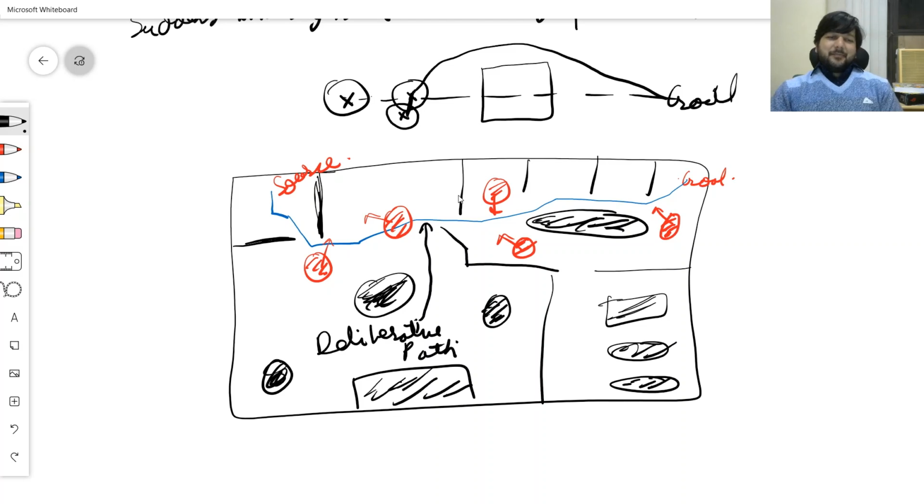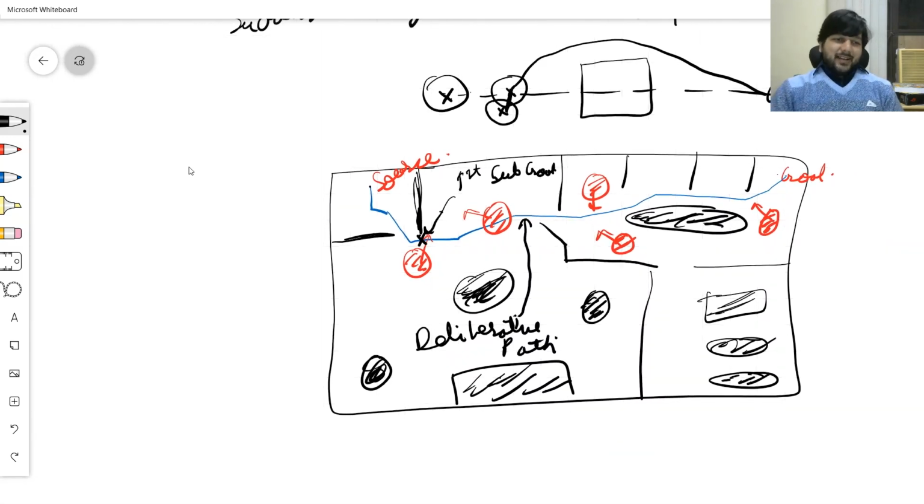Now, I say, currently what is the last point in the deliberative path that I can see considering only static obstacles. So it's this point. I call this the first sub goal, and I make an enlarged version of this point.